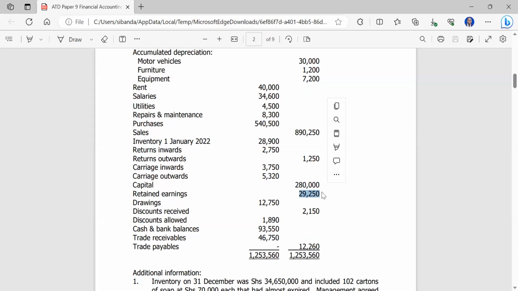It's very important to understand this, because sometimes the examiner just puts the word return and puts the two amounts, one on the debit side and one on the credit side. Yours is to understand that whatever is on the debit side is reducing the sales that are on the credit, and whatever is on the credit side is reducing the purchases that are on the debit.